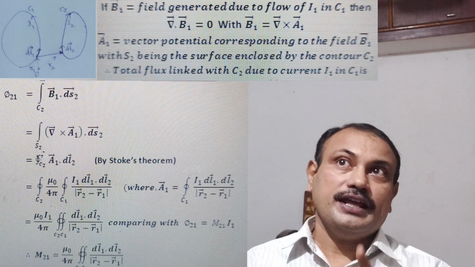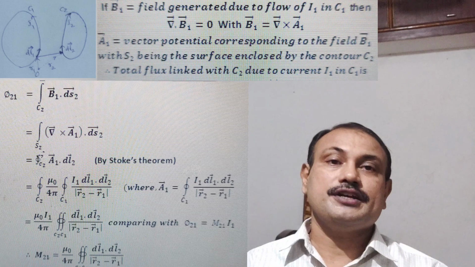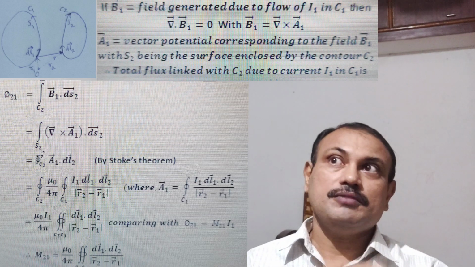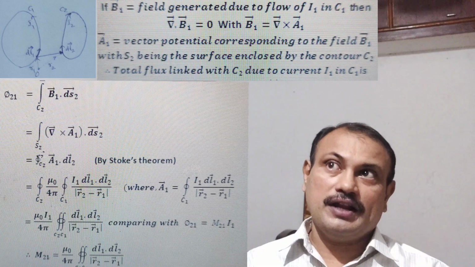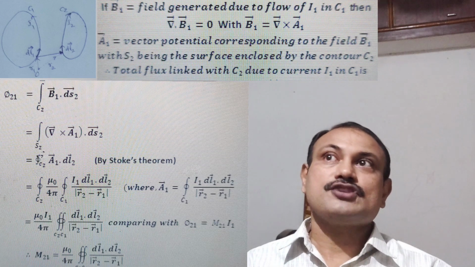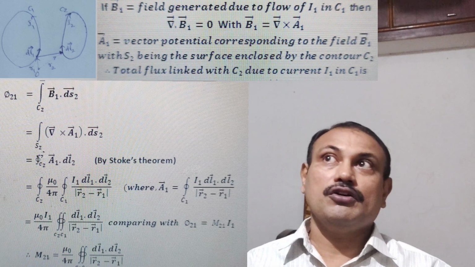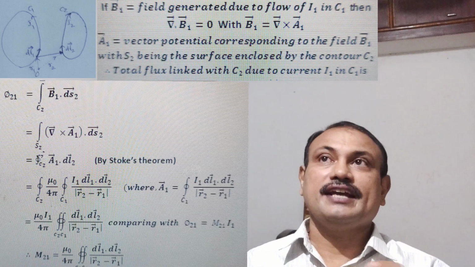Now here A1 vector, which is the vector potential to the corresponding field B1, is nothing but mu 0 by 4 pi closed contour integral over C1 of I1 times dl1 vector by modulus of R2 vector minus R1 vector. This is, if you recall the discussions of the vector potentials, how we can write it for a current carrying loop.